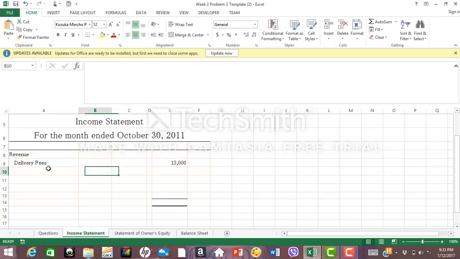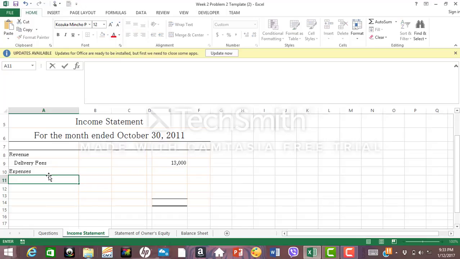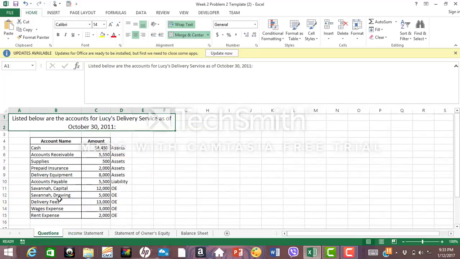The next thing is we have expenses, which are wages expense and rent expense. Do we have any other expenses? I do not see any other expenses. Drawing is actually not an expense. It's for personal use, and these would be for actual business use.